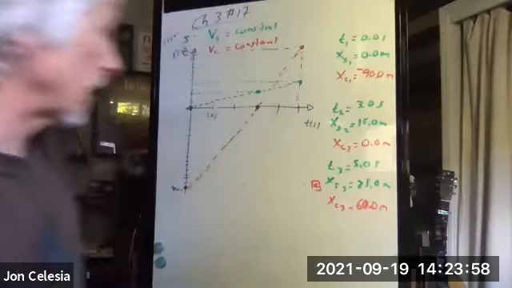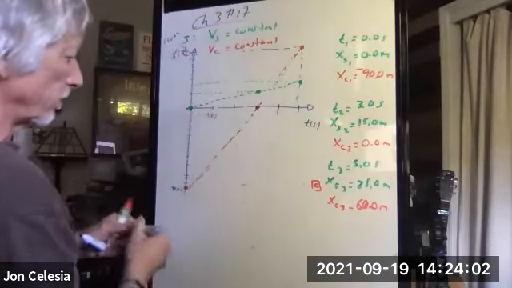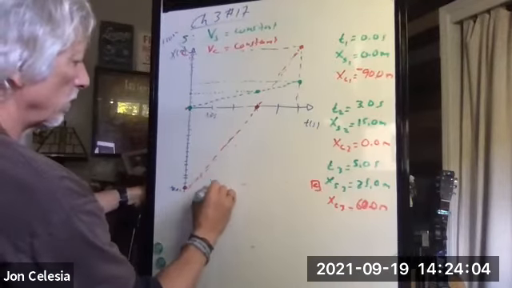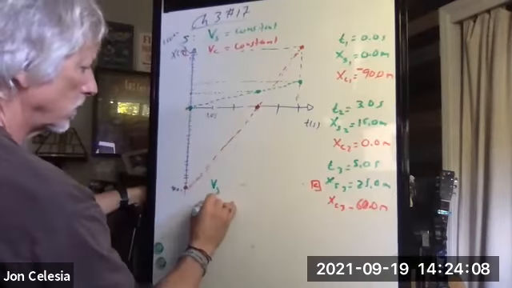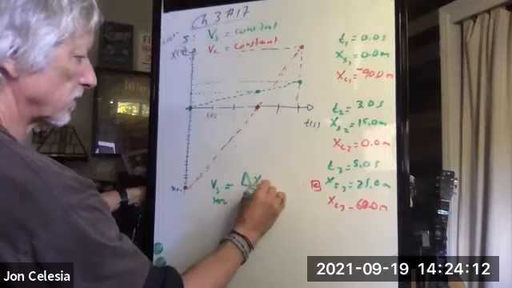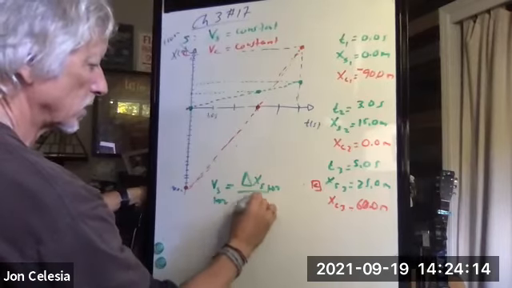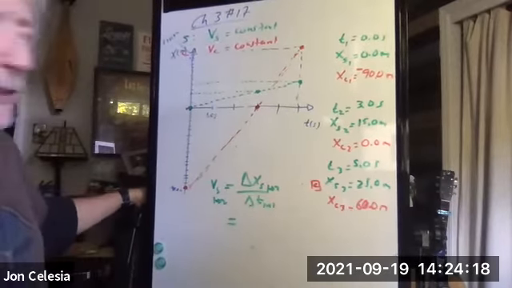Find the slope of each line. Okay, so the slope of each line. So this would be, let's see, V of Sage, I'm going to do from 1 to 2. Change in X of Sage from 1 to 2 over change in T from 1 to 2. And I'll erase this in a second.